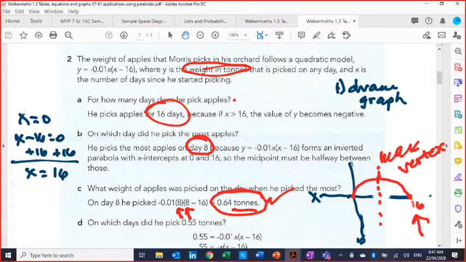On which days did he pick 0.55 tons? Well, in that case, we're looking for days, and days is an x value, right? We have tons. Tons is a y value. So all we do is plug in 0.55 in place of y, multiply everything all out, excuse me, and then solve for x.